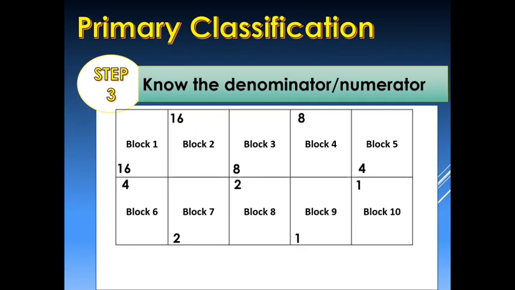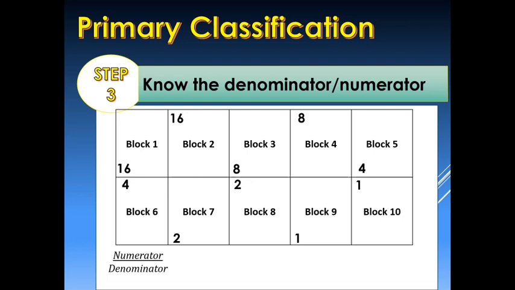So the third step in primary classification is to determine the numerator and denominator. I know that we are already familiar with the numerator and denominator. The question here is what are those assigned in the numerator and what are those assigned in the denominator.